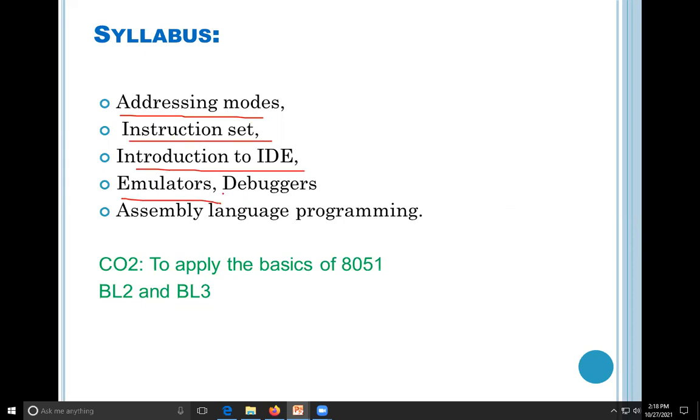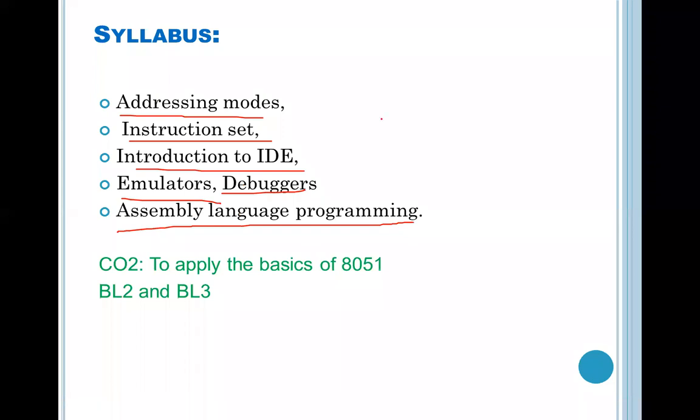What is meant by emulators and debuggers? We are discussing the simulator for 8085, and emulators and debuggers. Then assembly language programs: simple programs for addition, subtraction, multiplication, and division. These are the programs we discuss in unit number 3.